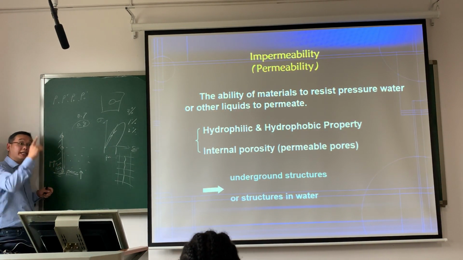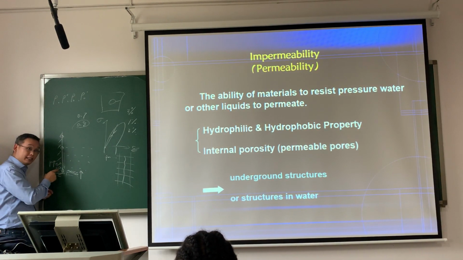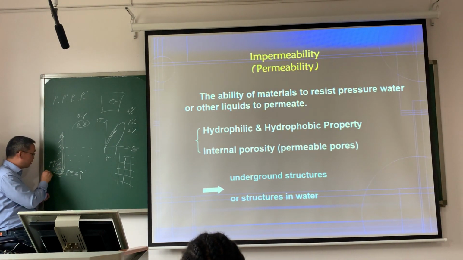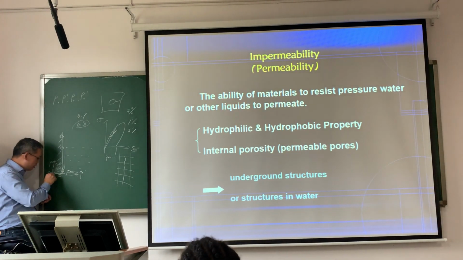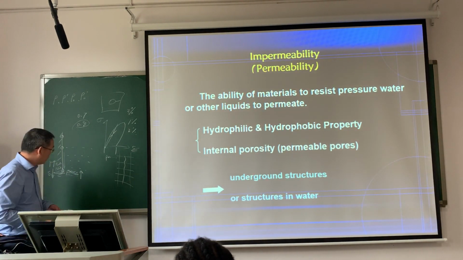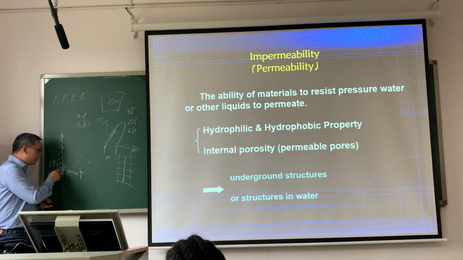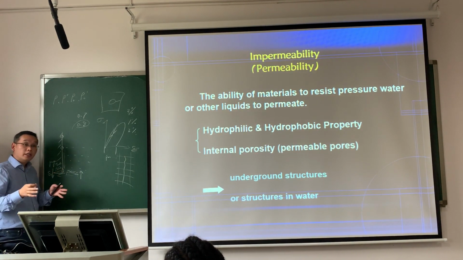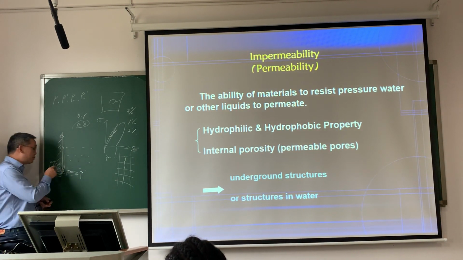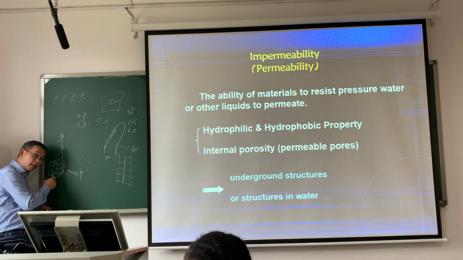This means the porosity increases, yeah? And the strength decreases. So after the expansion, some substance of the structure will disappear. And then the porosity increases, density decreases, the strength decreases.